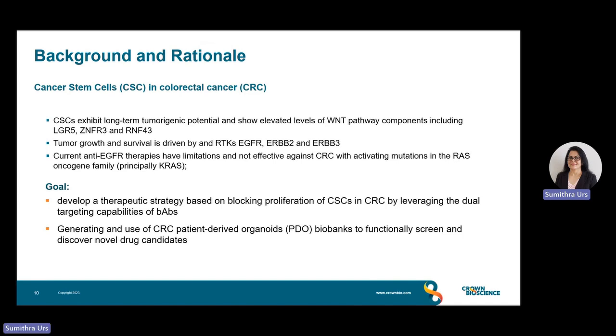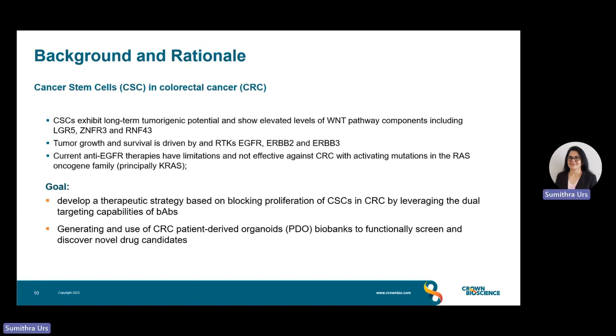These cancer stem cells are characterized by elevated levels of Wnt receptor complex, including LGR5 and the zinc finger proteins. The antibodies were designed to target the Wnt pathway while also simultaneously targeting tumor growth and survival driven by the receptor tyrosine kinase pathway and the EGFR pathways.